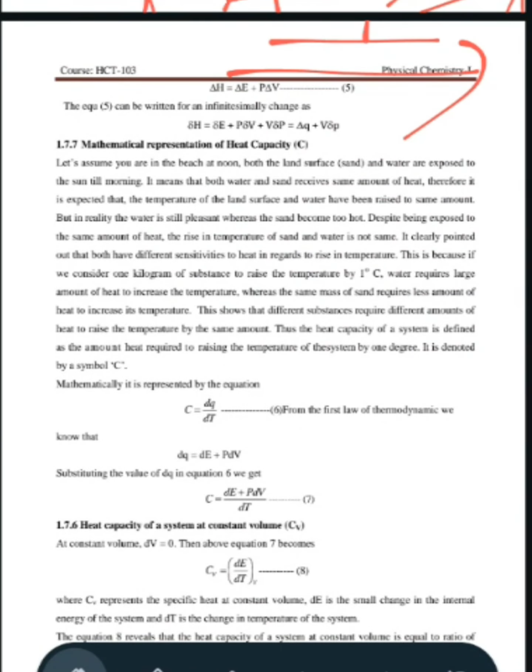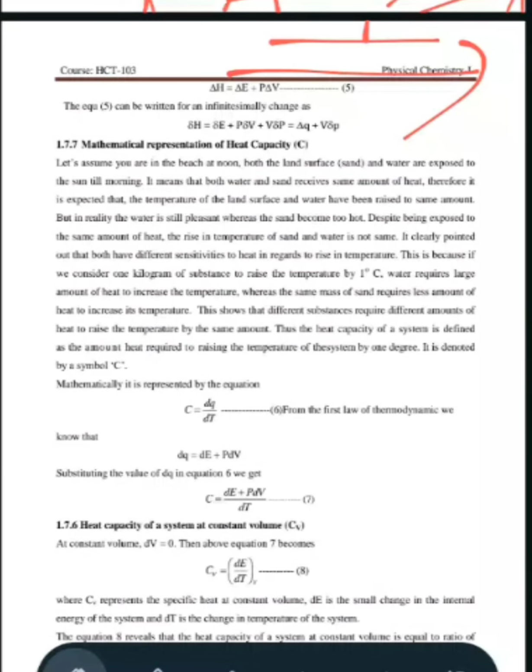And next is the mathematical representation of heat capacity. The heat capacity of a system is defined as the amount of heat required to raise the temperature by 1 degree.